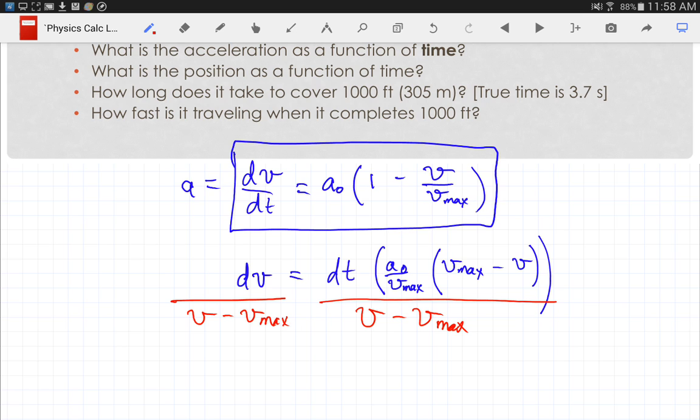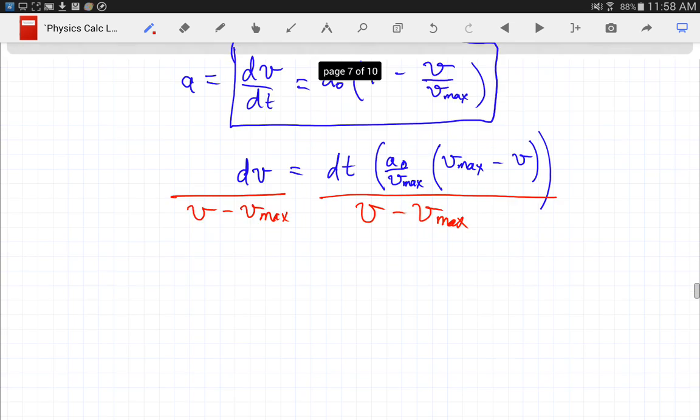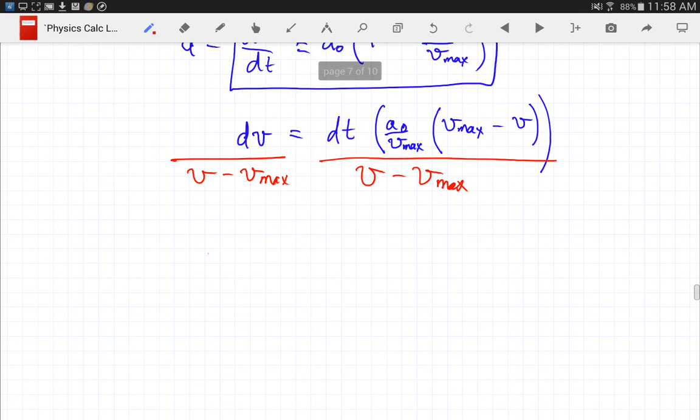You might ask, why did you change the sign? We'll see in just a moment. So when I do that, I'm left with dv over v minus vmax equals minus a0 over vmax dt.